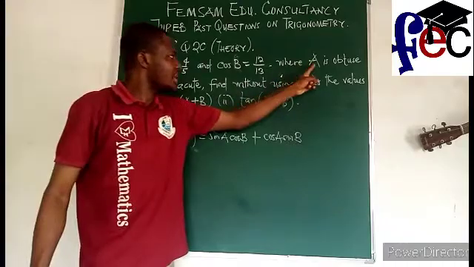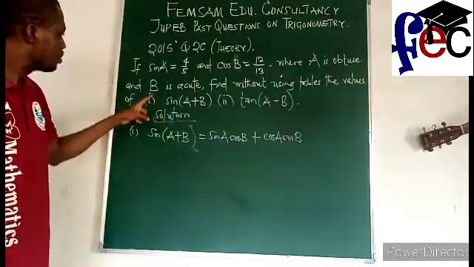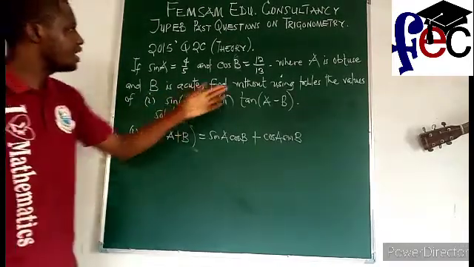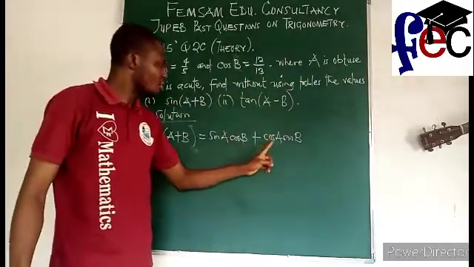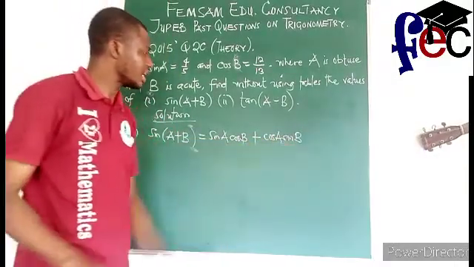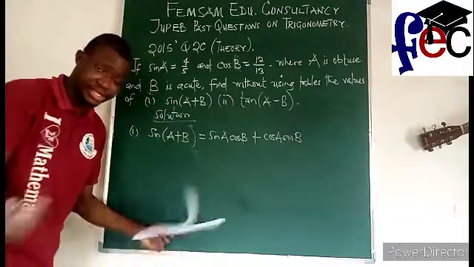If angle A is an obtuse angle and angle B is an acute angle, how can we leverage this information to get these unknown trig functions of A and that of B? It's very easy. There are two ways.